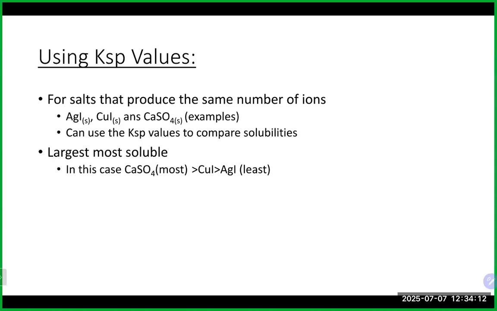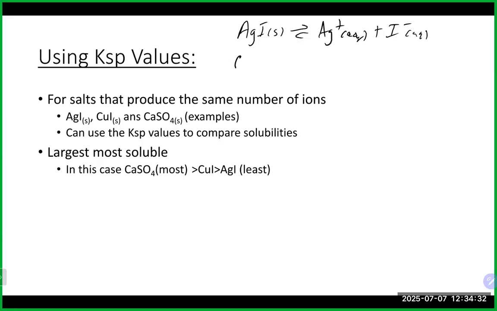So for example, if we took silver iodide, copper(I) iodide, and calcium sulfate here, when we look at each of these and we break them apart, we get a silver ion and an iodide ion.